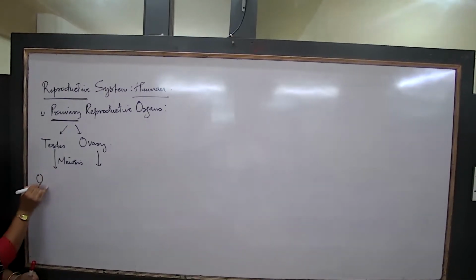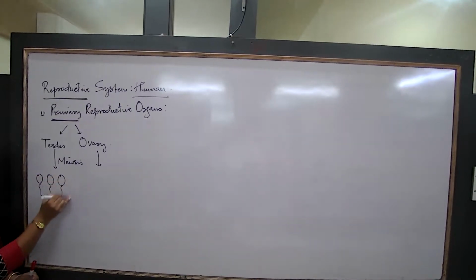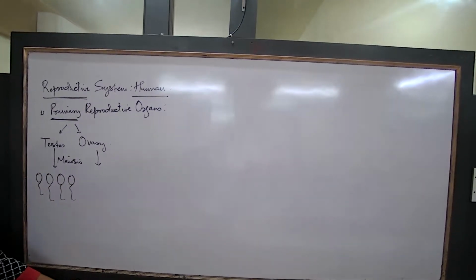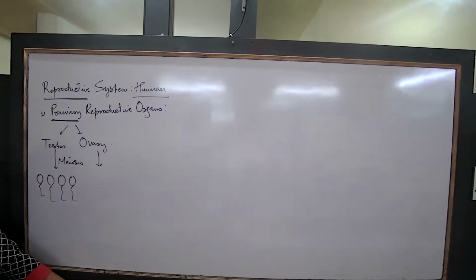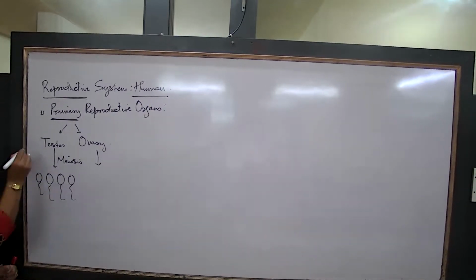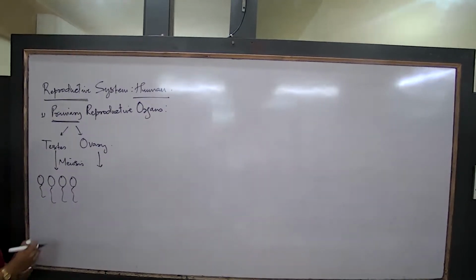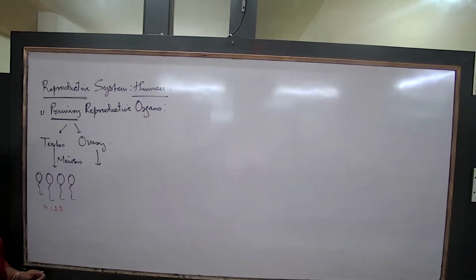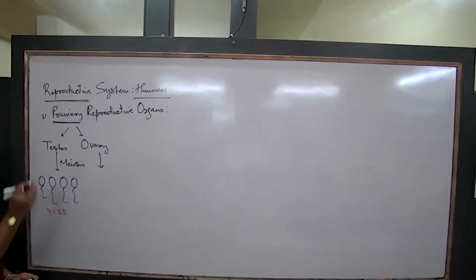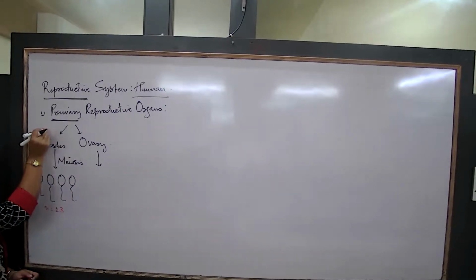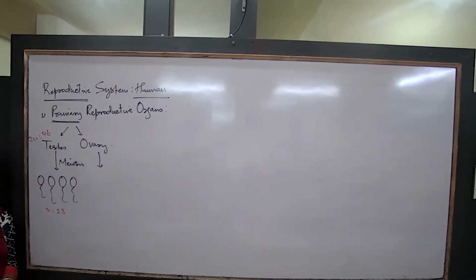As a result, the testes will produce 4 gametes, and all the 4 gametes have the same amount of nucleus and the same amount of cytoplasm also. So I would write here that the number of chromosomes in the male gametes is 23, whereas the number of chromosomes in the cell of the testis is 46.